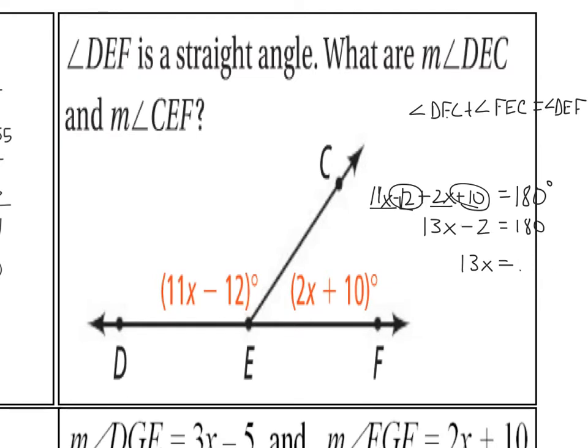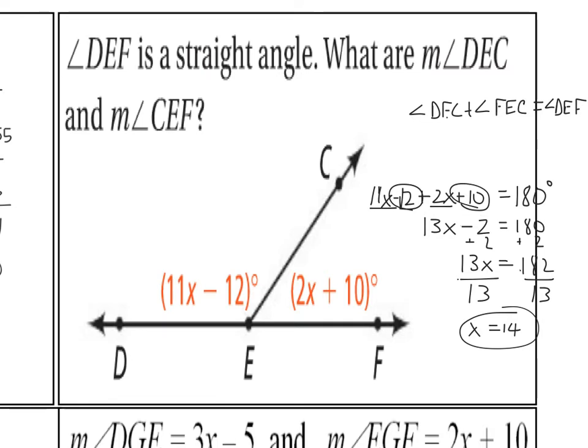That's going to be negative 2, and then I'm going to add 2 to each side, so that's 182. And now I'm going to divide by 13, and x is equal to 14. See, even everybody makes mistakes on these. Okay, so it's okay to make mistakes. Just got to make sure you find it and get it corrected.